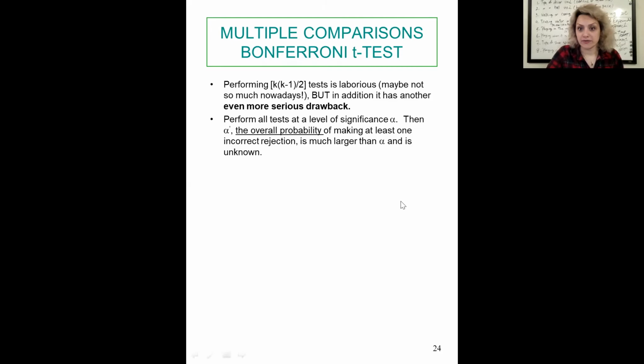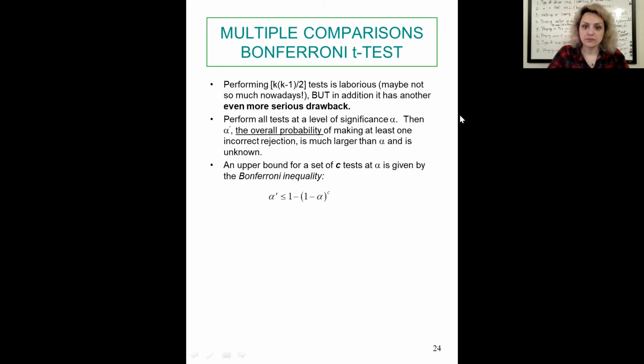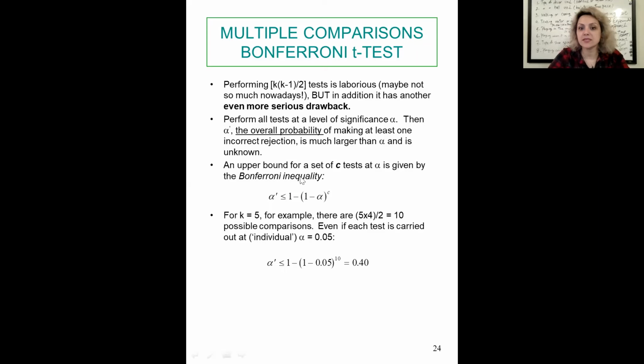If we perform all tests at the level of significance alpha, then alpha prime, the overall probability of making at least one incorrect rejection, is much larger than alpha and is unknown. An upper bound for a set of C tests at alpha is given by the Bonferroni inequality: alpha prime is less than or equal to 1 minus (1 minus alpha) to the power C.